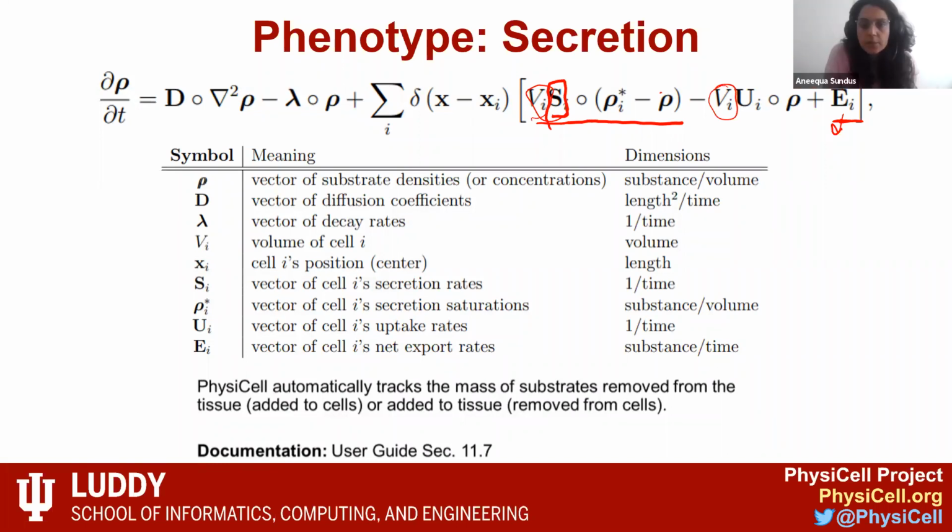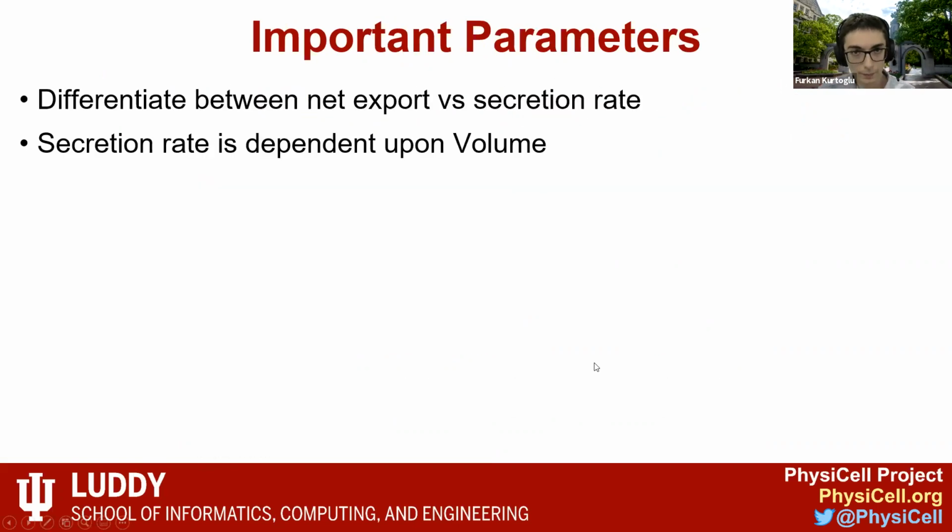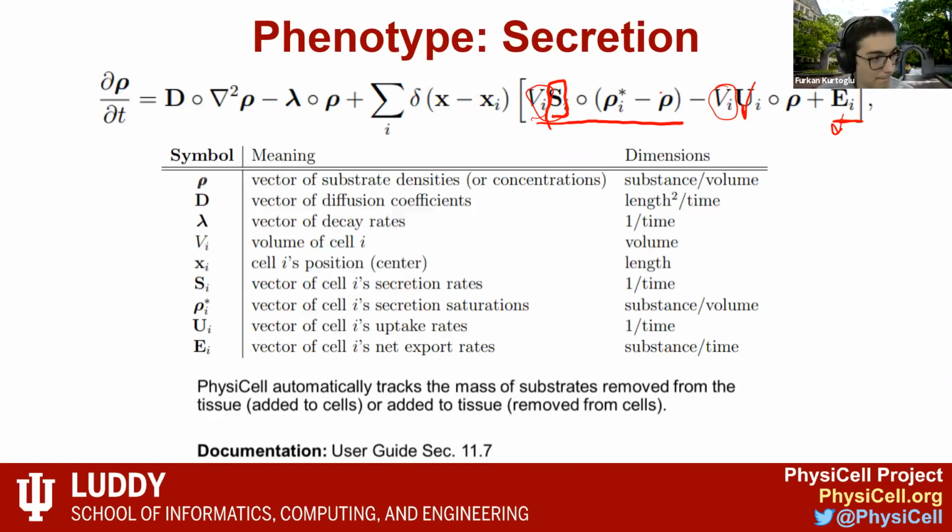There's a question: the empty circles are multiplication symbols? Yes. It's a matrix multiplication, I believe, because this is a vector of uptakes and this is the concentration vector too. Oh, it's pointwise.